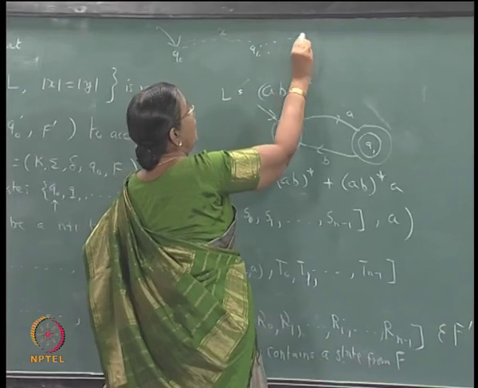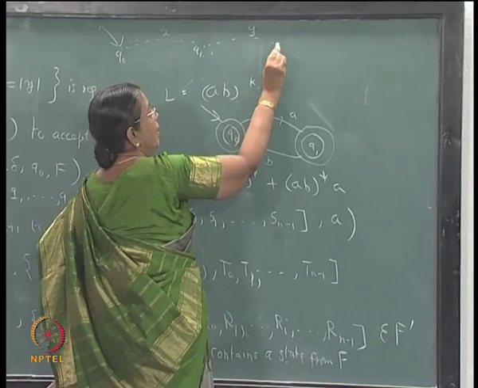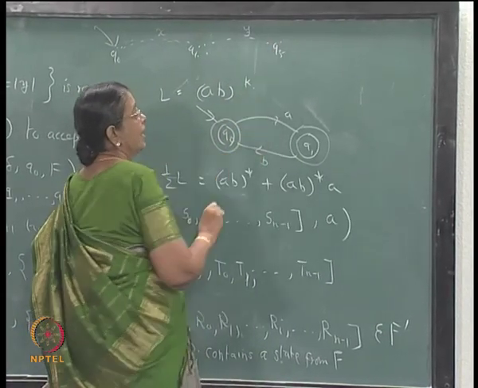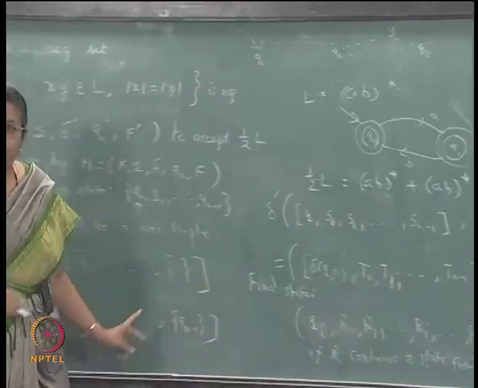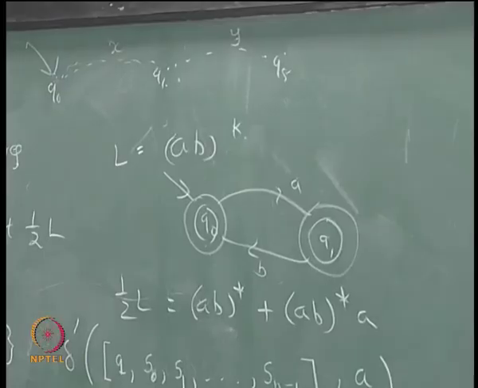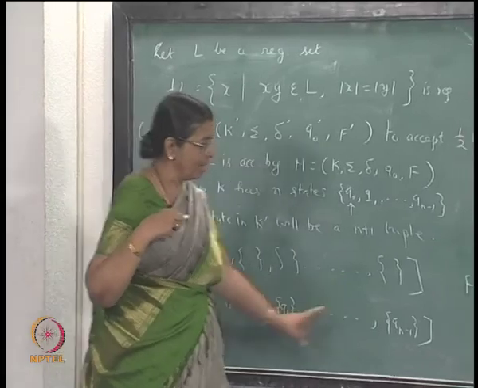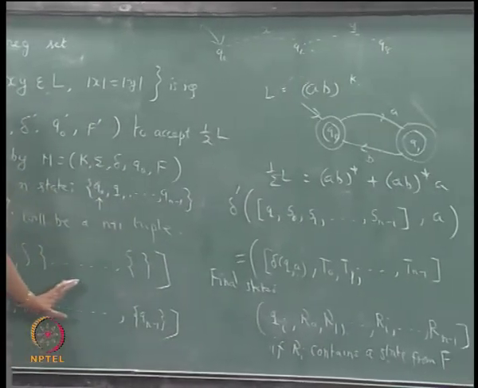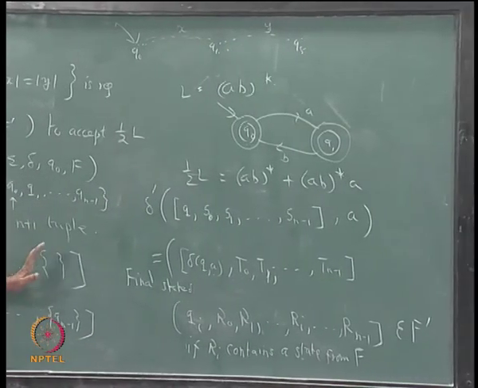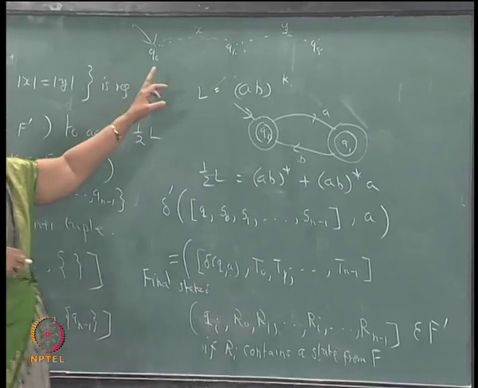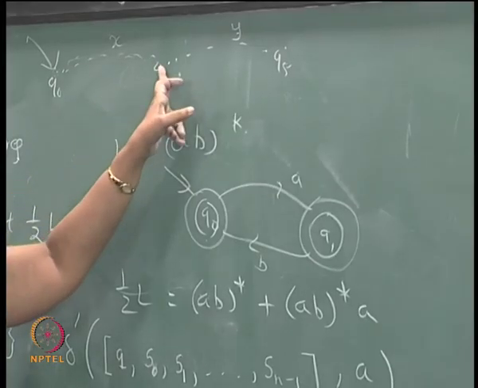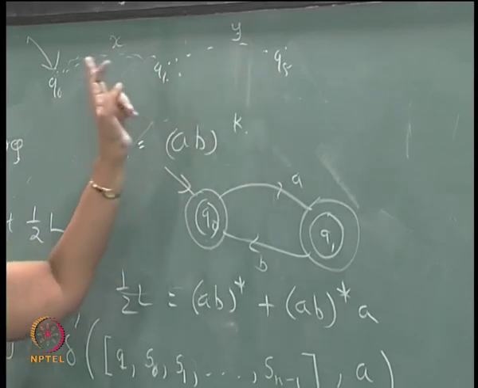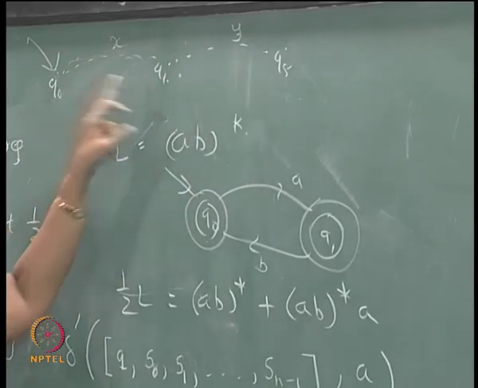The number of moves is the same. Each time you are counting just one transition, so the number of symbols read going to qf is the same as the number read from q naught to qi.